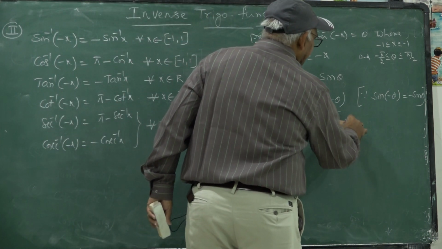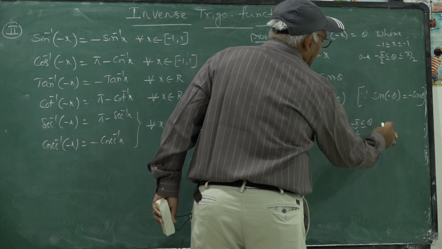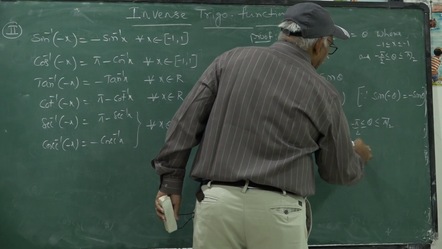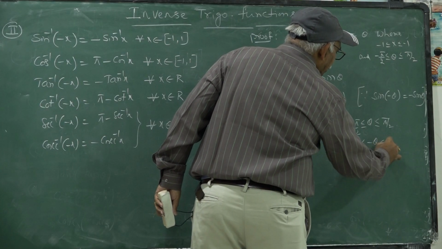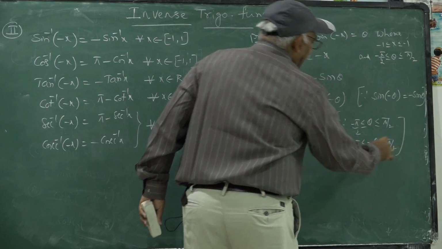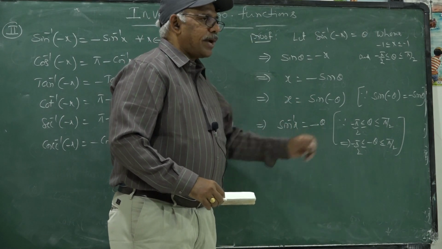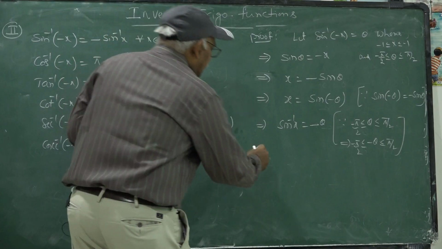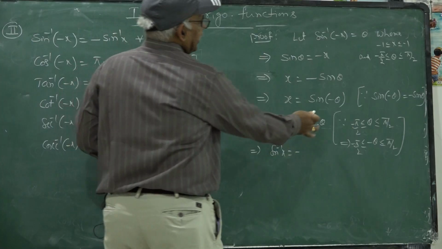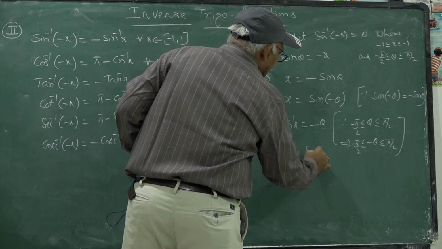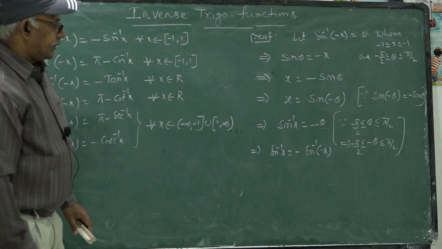Since minus pi by 2 is less than or equal to theta is less than or equal to pi by 2 implies minus theta also lies between minus pi by 2 to pi by 2 itself. Hence it is invertible. Therefore, sine inverse of x becomes minus theta. Theta is sine inverse of minus x.